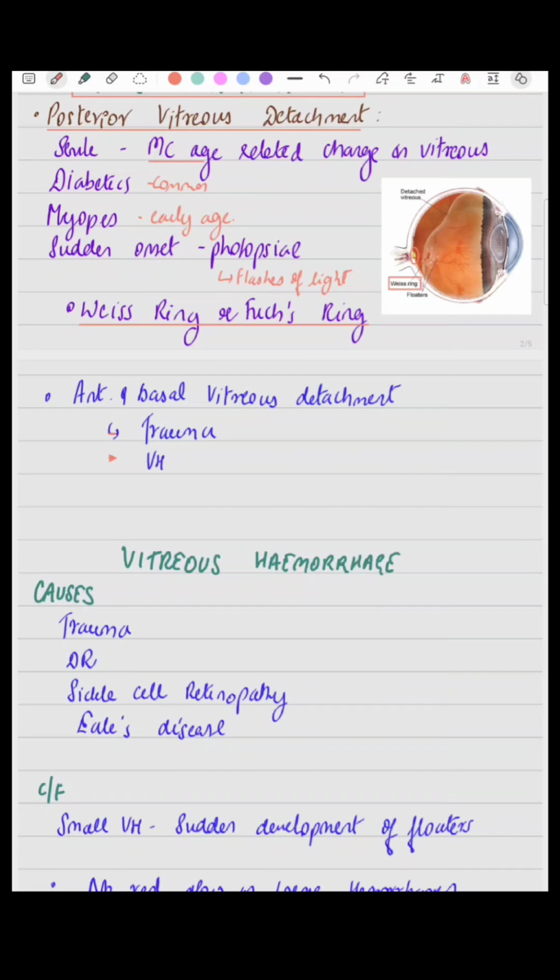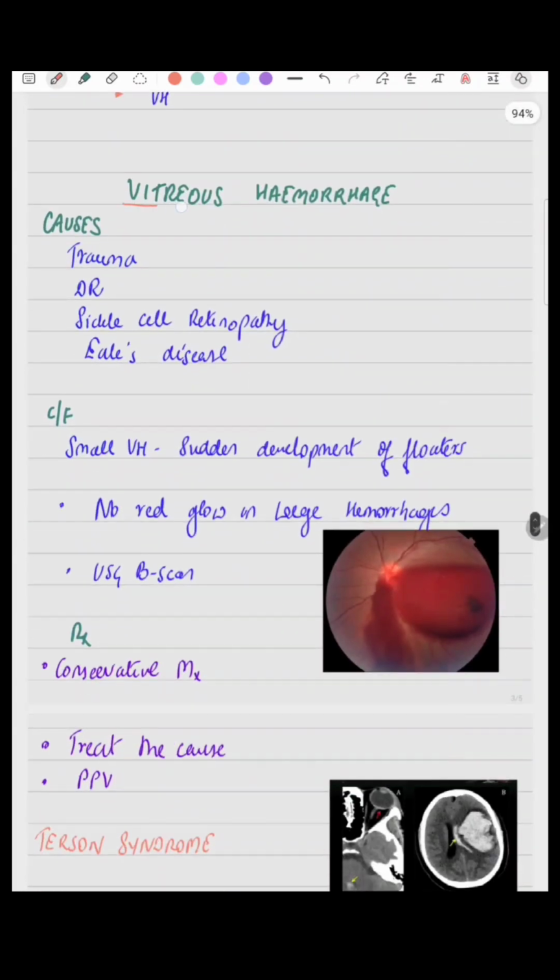Now coming to the next one, vitreous hemorrhage. Trauma is the most common cause in young, and diabetic retinopathy is the most common cause in elderly. Then there can be inflammatory diseases like acute chorioretinitis or periphlebitis retinae.